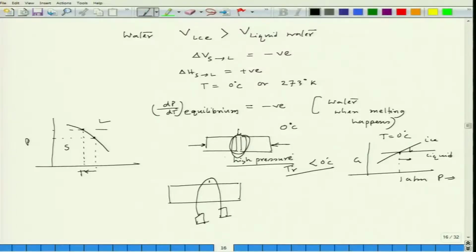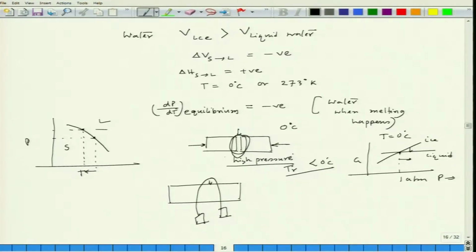After some time we will see that this wire will go through, but the ice is not going to be separated into two halves. When the wire touches the ice surface, it gives a pressure, the melting point goes down, the ice melts, and the wire goes through a little bit in the depth direction.